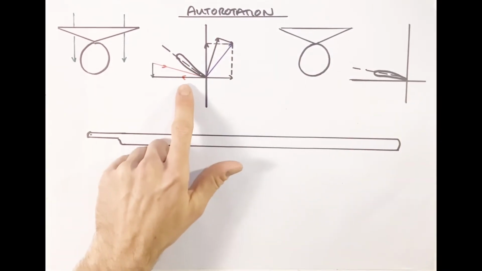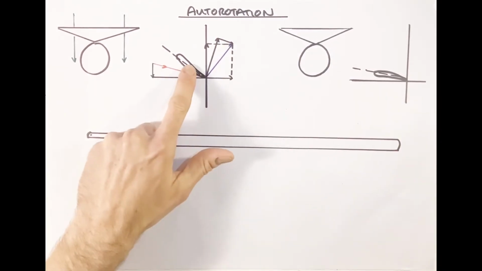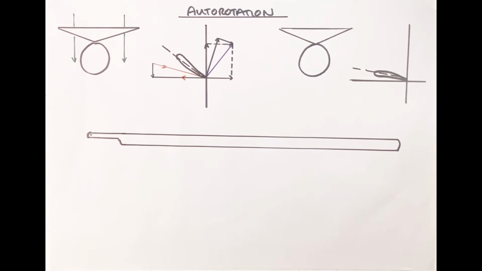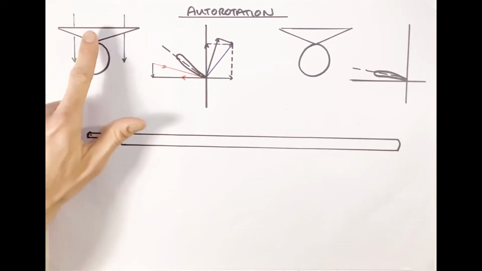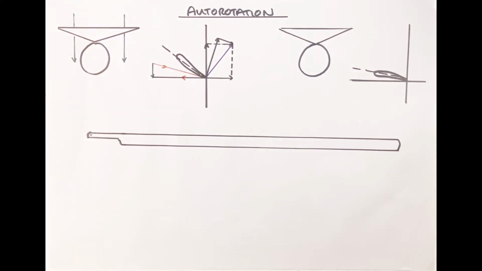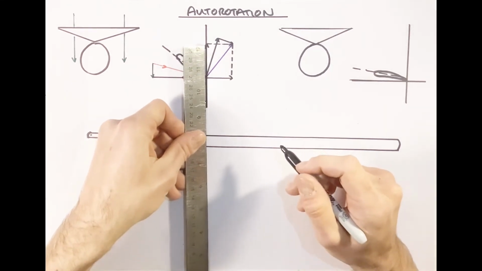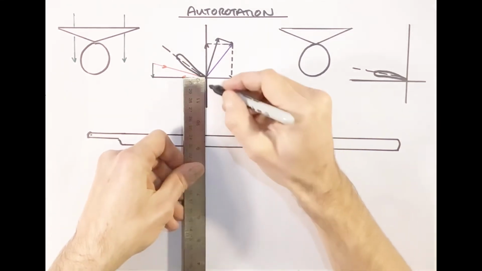And that torque will effectively counter that drag and enable that blade to continue moving at a set speed and not accelerate or decelerate. And importantly here, we've also got our total rotor thrust, which is holding the aircraft up in the air by balancing the weight with the thrust.